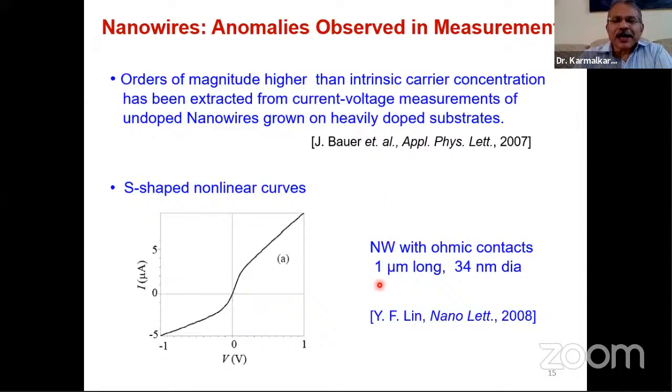Another observation is that even for a nanowire with ohmic contacts, the current voltage curve looks like this, which is not linear. What do we mean by a nanowire with ohmic contacts?